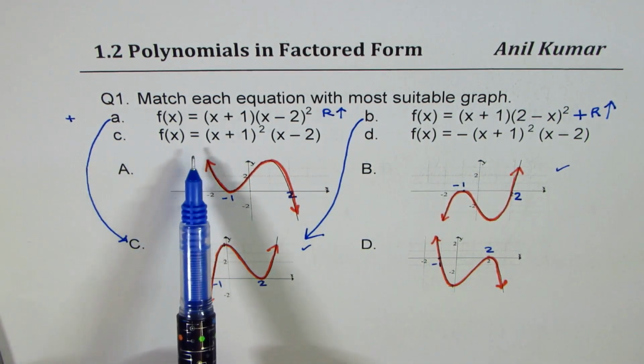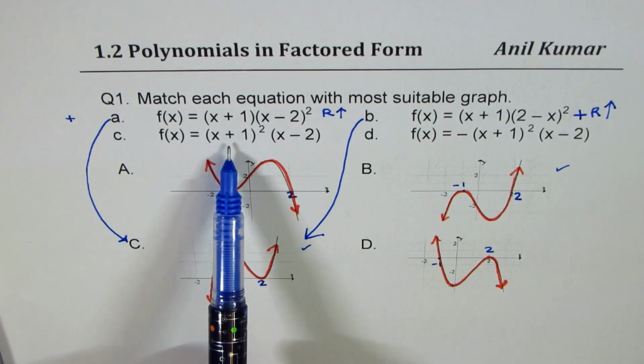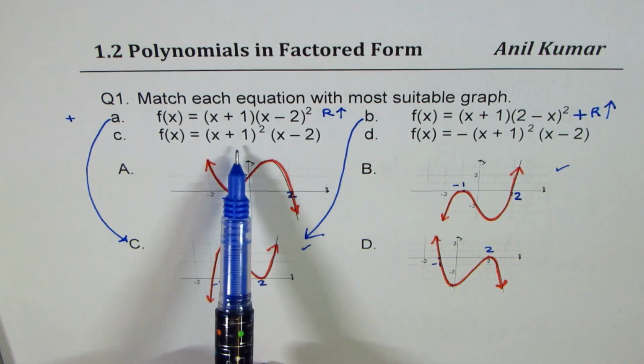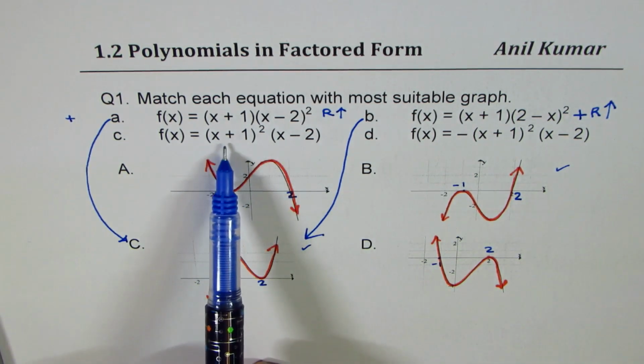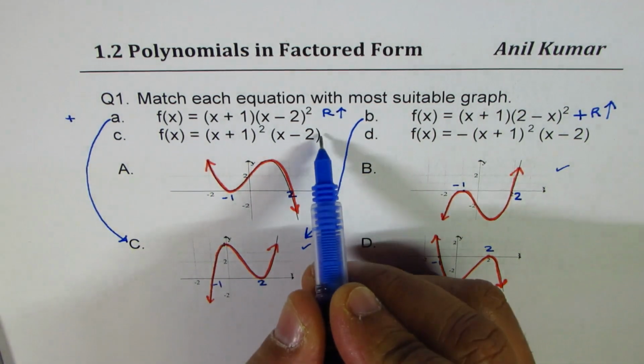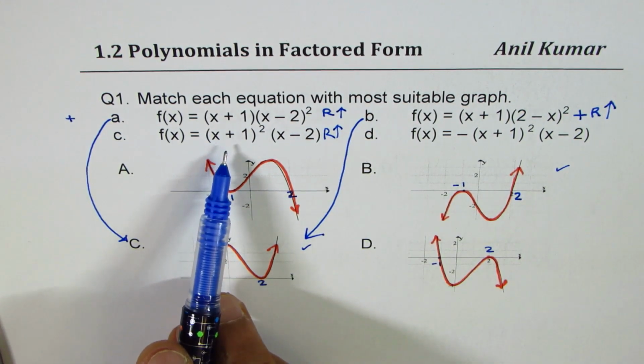C, f of x equals (x plus 1) whole square. So that means the double zero is at minus 1. And then we have x minus 2. Leading coefficient is positive, right? So x square and x, when you multiply, you get positive. So right side up, with double zero at minus 1.